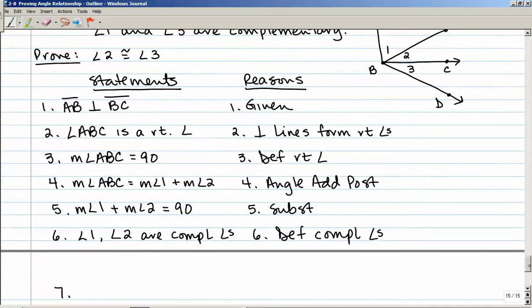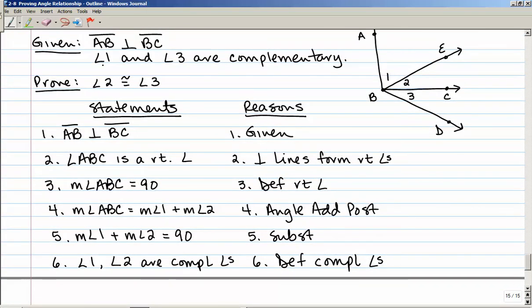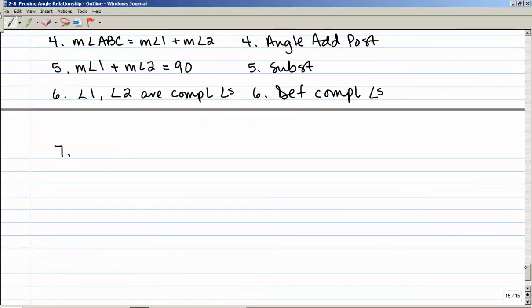For step 7, I'm going to go back to the second part of my given that says 1 and 3 are complementary. Angle 1 and angle 3 are complementary angles. And that was given.